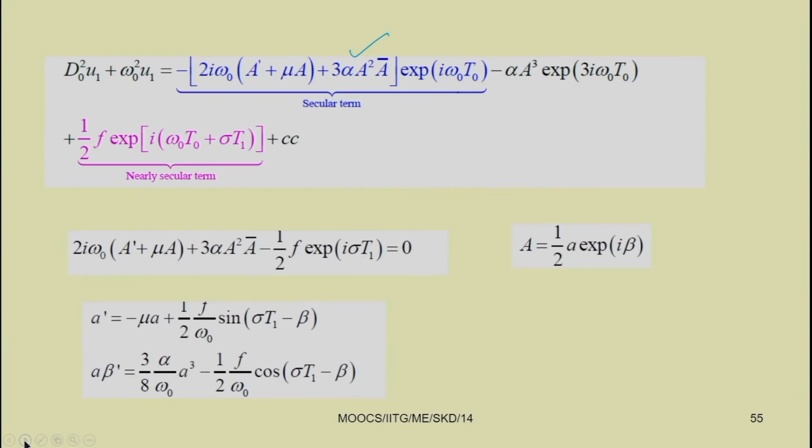So, after getting the secular term, you have to substitute, as you already know, A is a complex number. So you can write A equal to half small a e to the power i beta, where a and beta are real numbers, while capital A is a complex number.